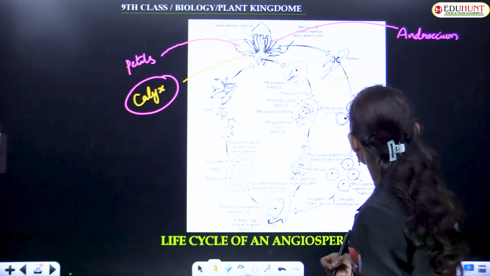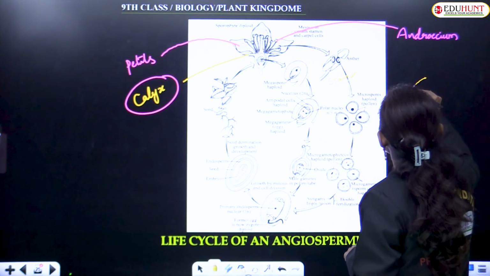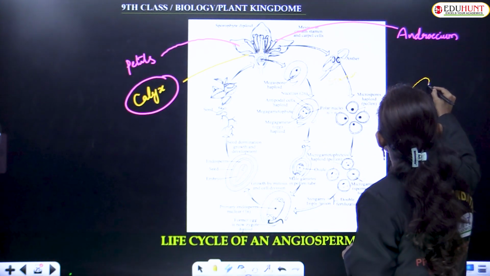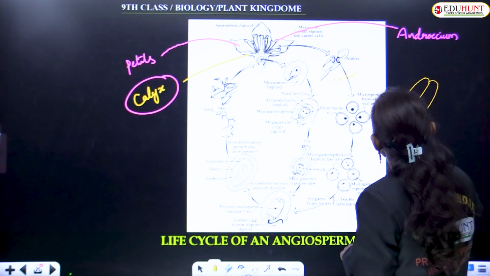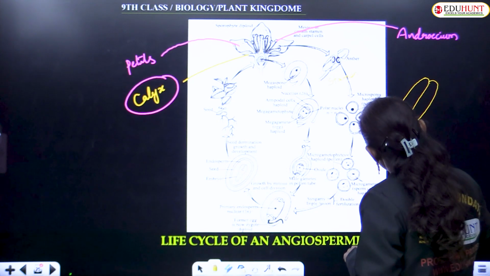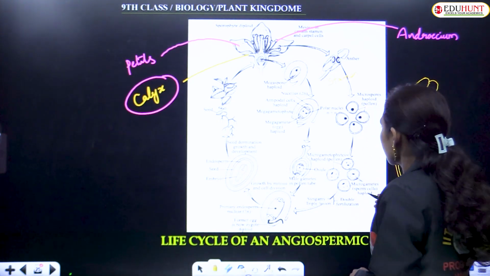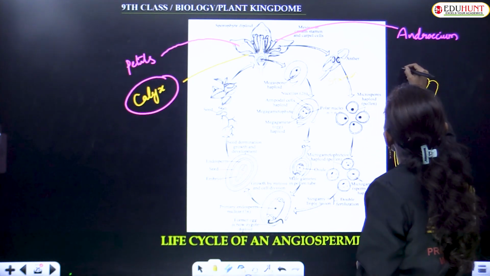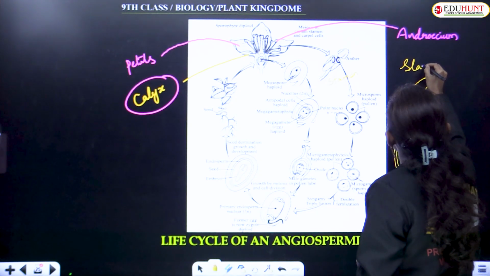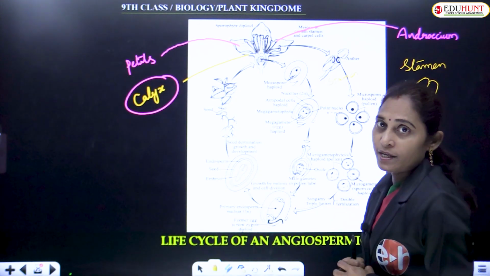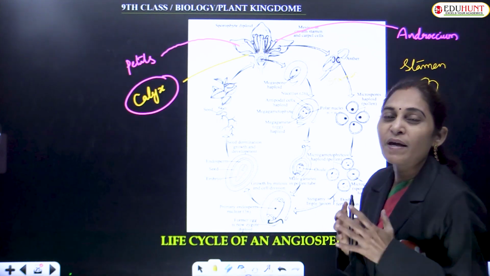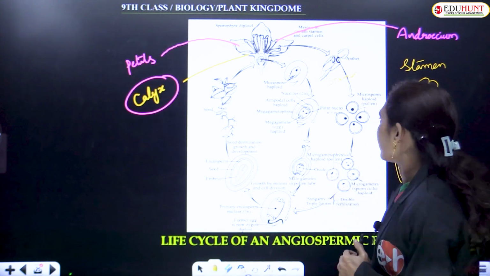I'll draw the stamen clearly. This is the stamen, and this stamen is the male reproductive organ.